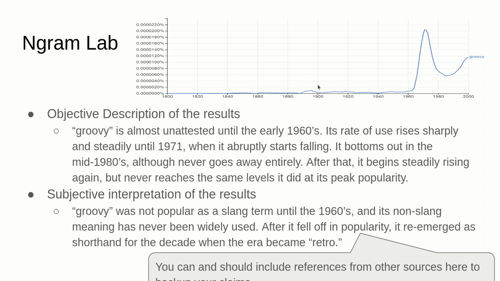We see that it was used some, and that probably this was for a formal definition of something having grooves. And we could think about why things with grooves might be more common in the mid-1800s and early 1900s than before then. But it didn't have much popularity before that point, and we could conclude that that's because it was not a slang but a formal term that wasn't very common.